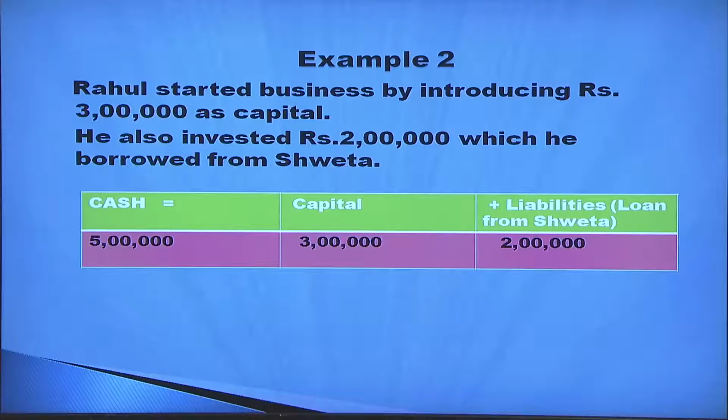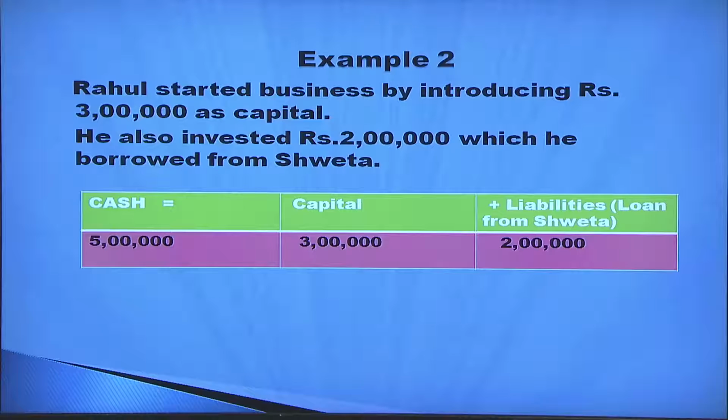Here I am giving another transaction. Rahul started business by introducing 3 lakh as capital. He also invested 2 lakh rupees which he borrowed from Shweta. So, this borrowing is a liability or loan from Shweta. So, capital is introduced in the form of cash, rupees 3 lakh plus 2 lakh.